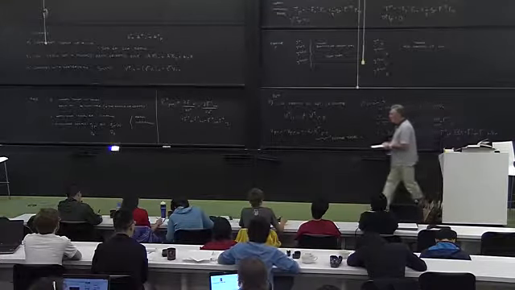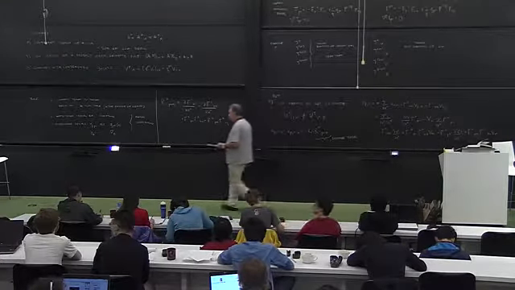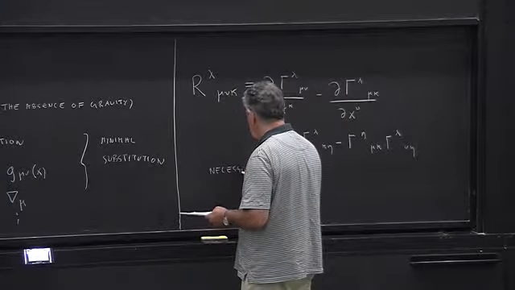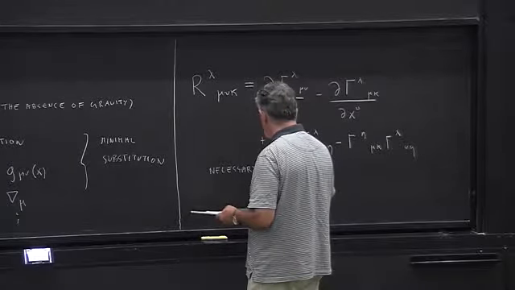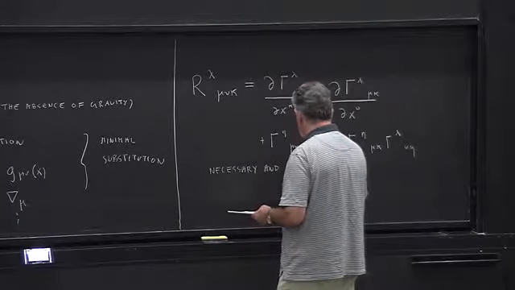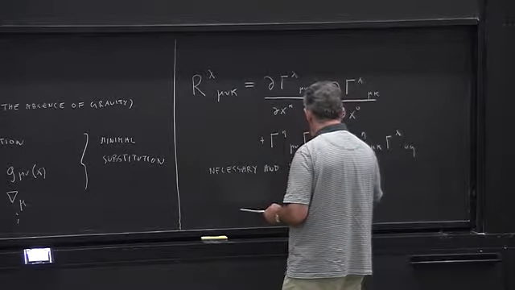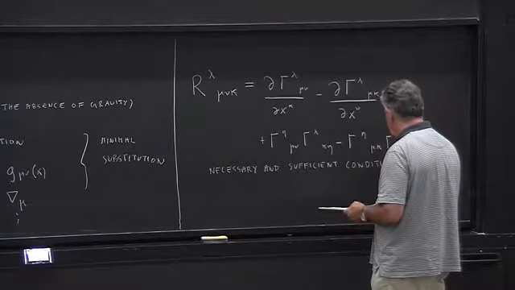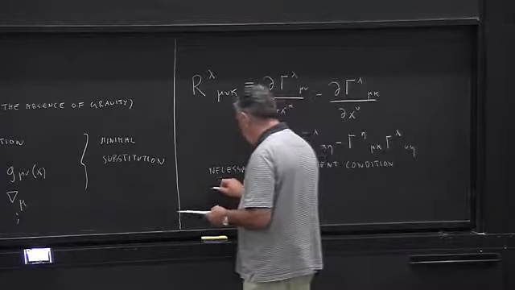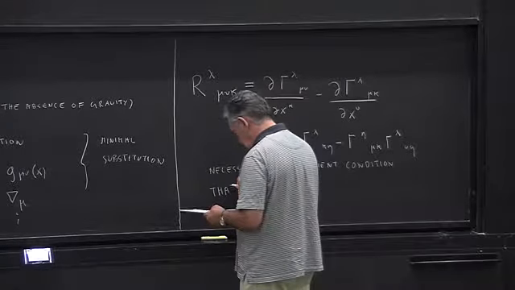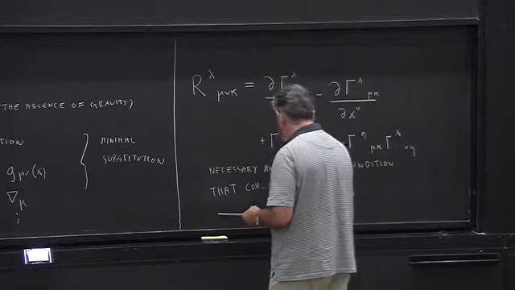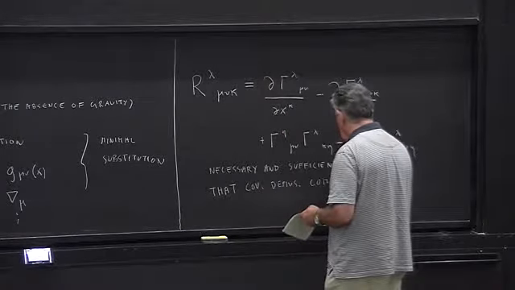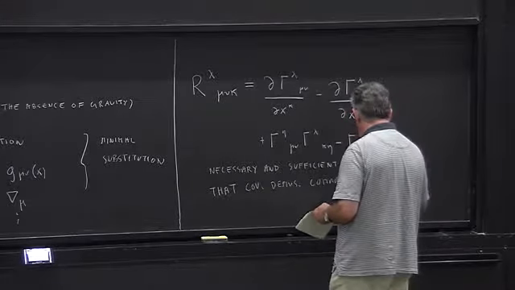So the necessary and sufficient condition that derivatives commute is the vanishing of the Riemann tensor.